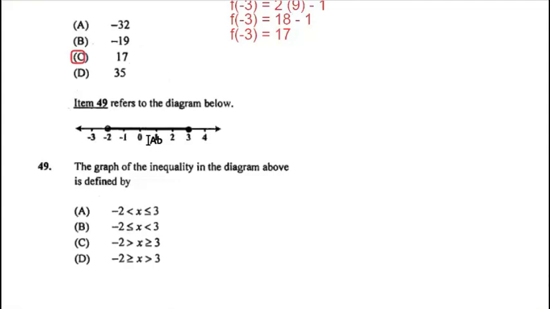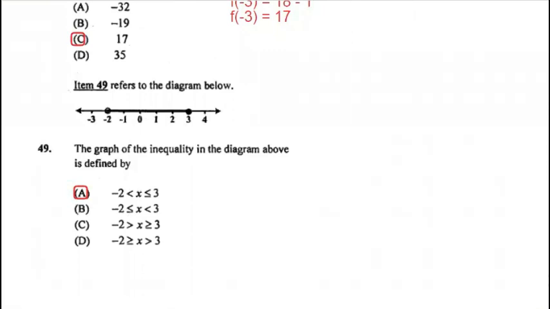So therefore our answer for 49 is A, where x is less than or equal to 3 and x is greater than -2. So remember with the dots, guys, when you're in the exam, once it is shaded, it must be equal to, or greater than or equal to and less than or equal to, and once it is not shaded, no equal to sign must be in that part of the answer.